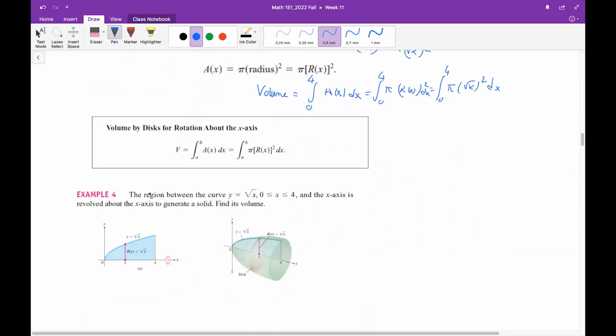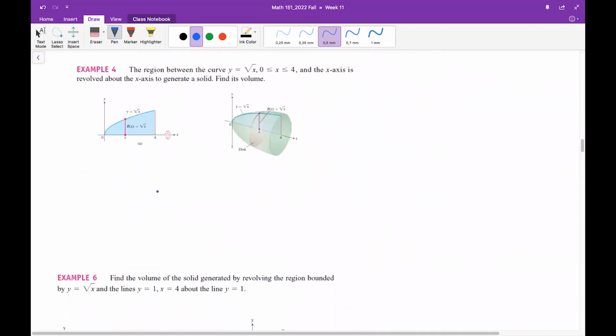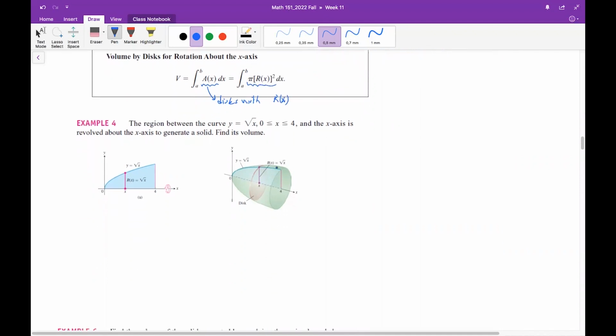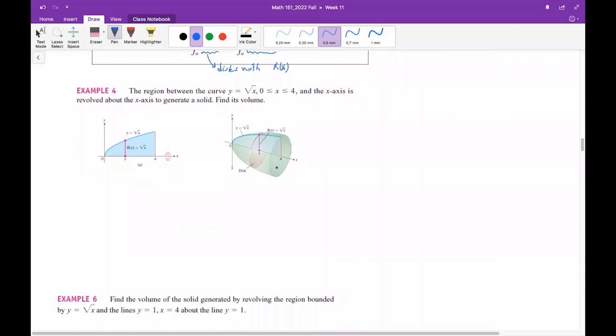Okay, so let's look at this example again, but before the example, this is the summary of what we have covered above. Volume is given by the integral of the cross sections, and cross sections here are the disks with this radius. That's why their area is expressed like this. Okay, now we were dealing with this example.